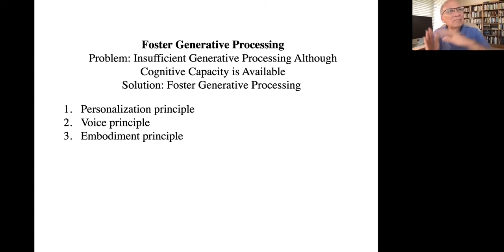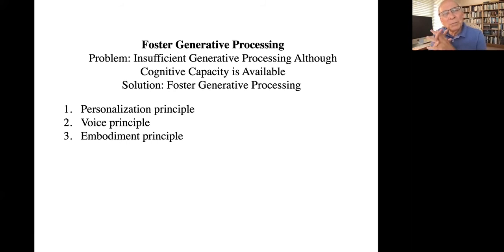Lastly, so let's say we've eliminated extraneous processing. We have helped manage essential processing. And people still might have some cognitive capacity left, but they don't use it to try and make sense out of the material. They get it into their working memory, but then they don't really try to reflect on it or relate it to their prior knowledge or think about what it means.